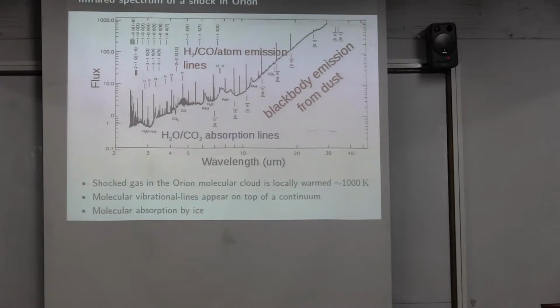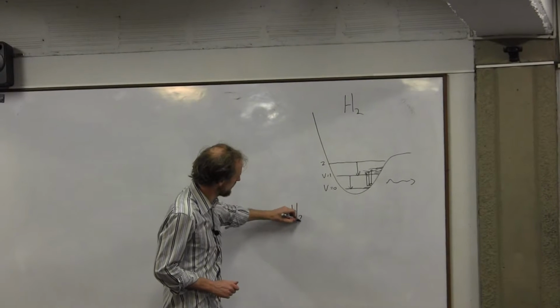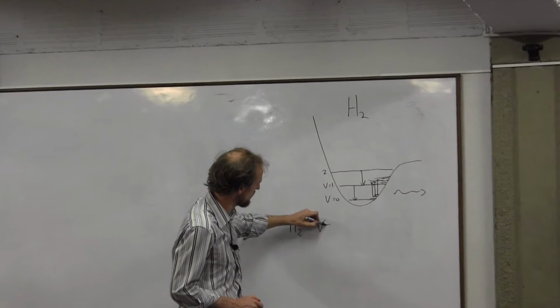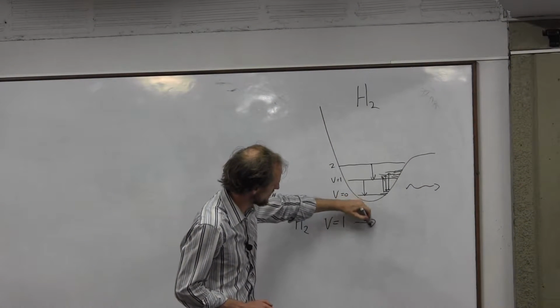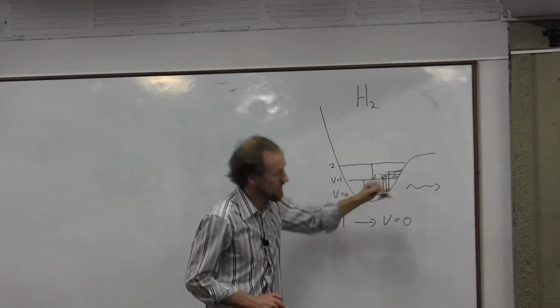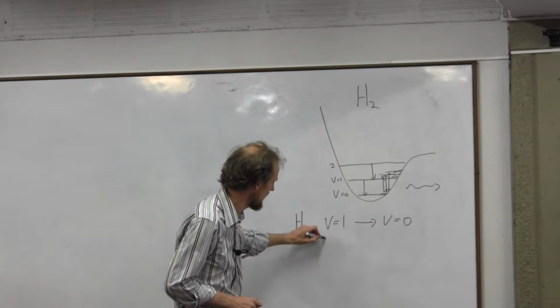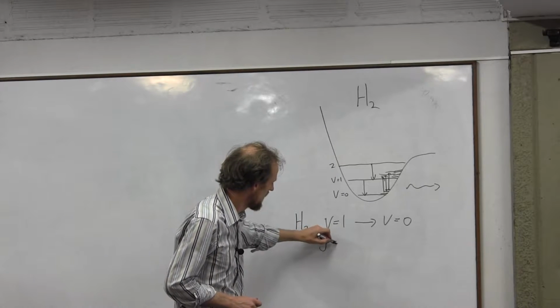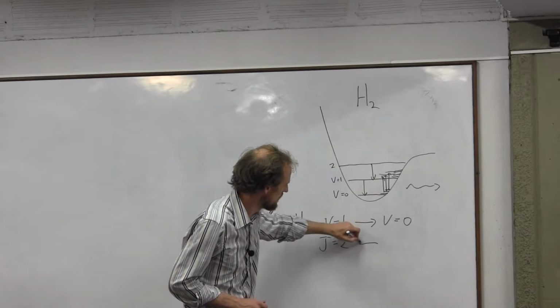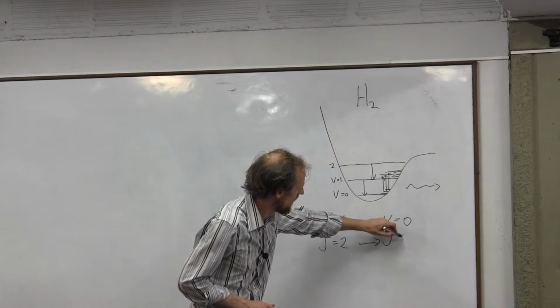If you think of one particular transition, H2, and we're going to go from V equals 1 to V equals 0. We're also going to decrease in rotation, and rotational numbers are given the letter J. Say we went from J equals 2 to J equals 1.